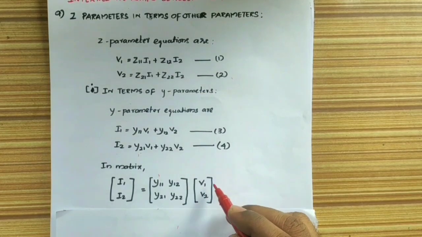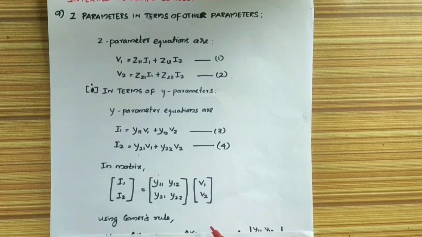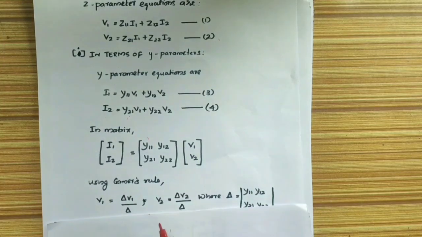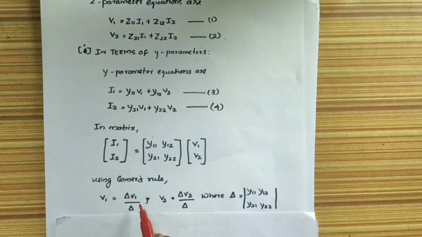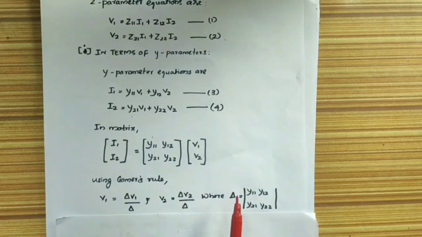Using Cramer's rule I am going to find V1 and V2. So using Cramer's rule, V1 equal to del V1 divided by delta and V2 equal to del V2 divided by delta. And we know that delta is nothing but the determinant of the coefficients, that is delta equal to Y11 Y12 Y21 Y22.